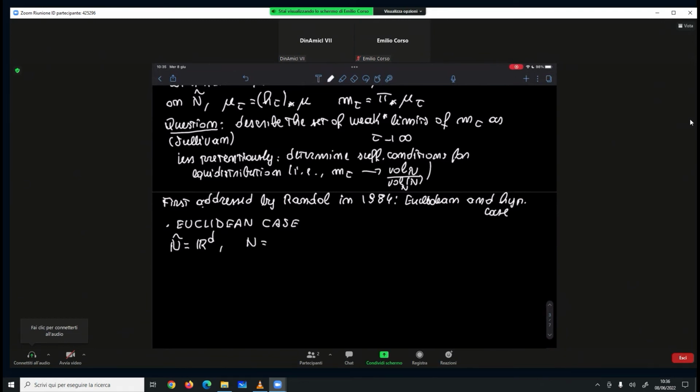N is the d-dimensional torus R^d mod Z^d. Of course, pi is the projection that sends each point x to its equivalence class mod Z^d. And let me consider the family of standard linear homotheties. So let me define h_t(x) to be simply multiplication by t, the standard linear homothety on R^d.